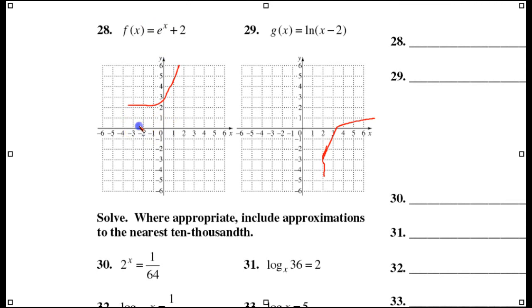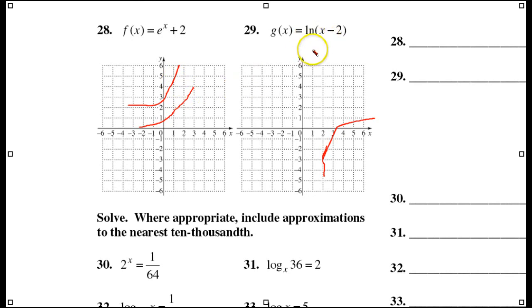Instead of going like this, where 0 is your x asymptote, it's going to be 2. So it goes up through 3. We've raised this up 2 values. These lines aren't super accurate, but to show you what it's like.